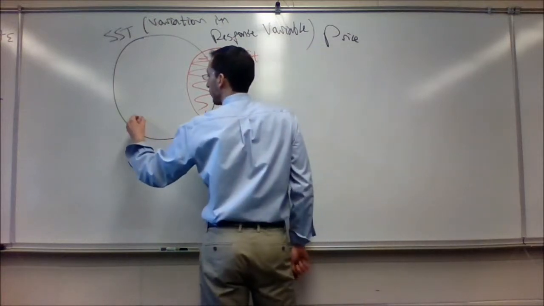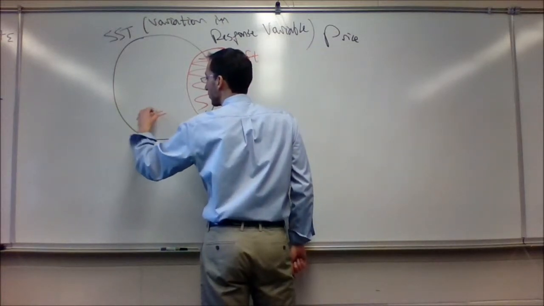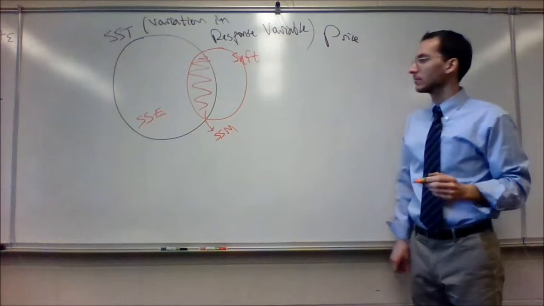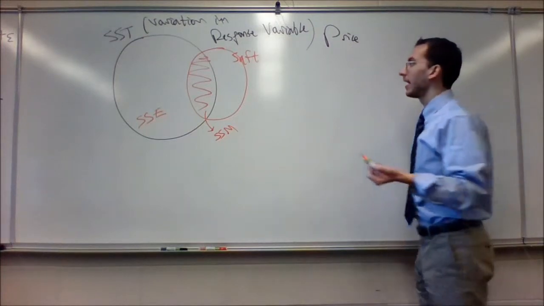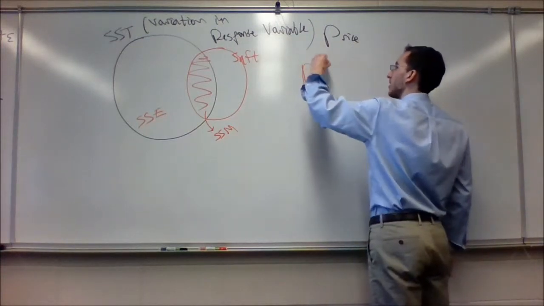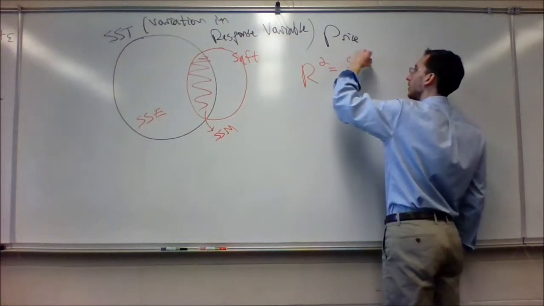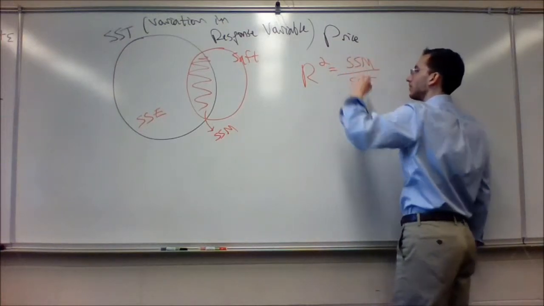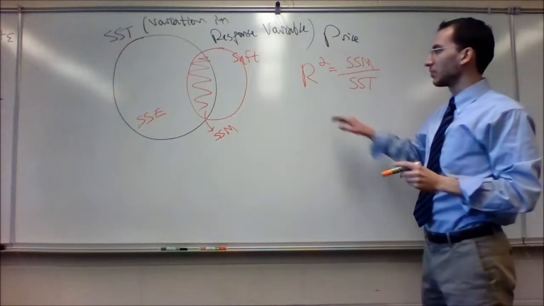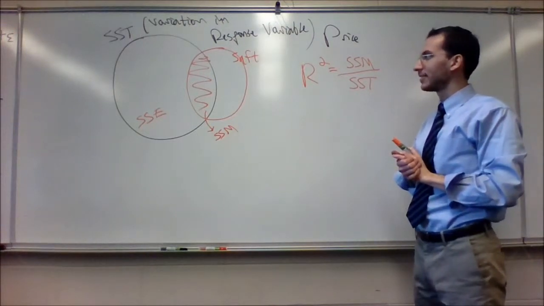And the rest that had not been explained was the sums of squares error. And I had defined that as my r squared. So this was the simple linear regression case.